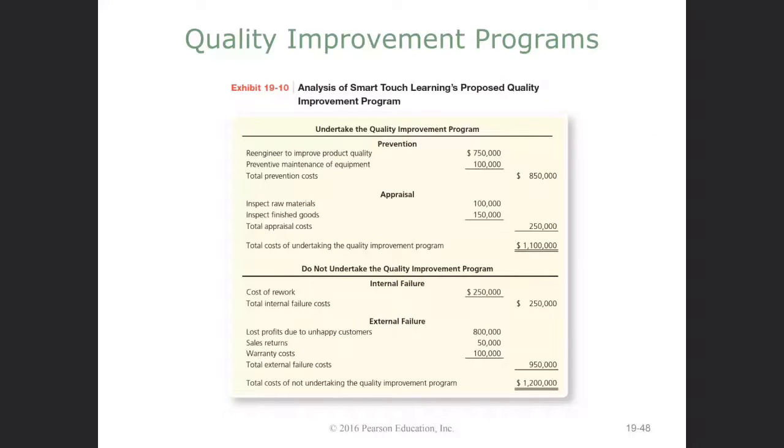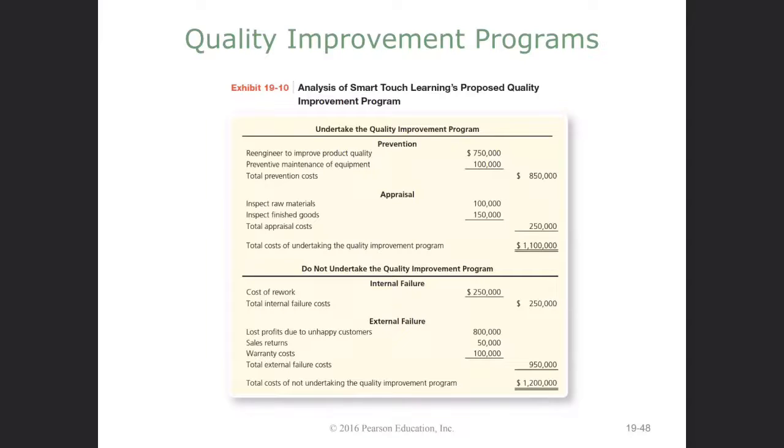So here we're looking at Smart Touch Learning's proposed quality improvement plan. To improve their quality, they're going to undertake the quality improvement program. They're going to look at prevention and appraisal. This is what they're planning to do, and this is what they expect it to cost.